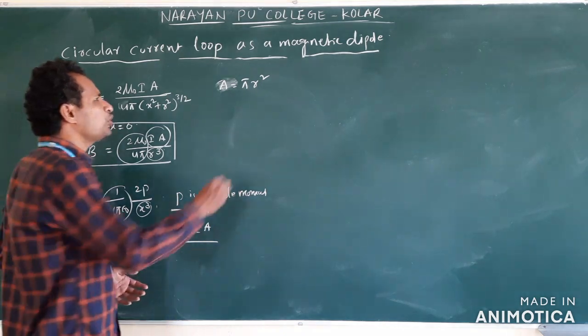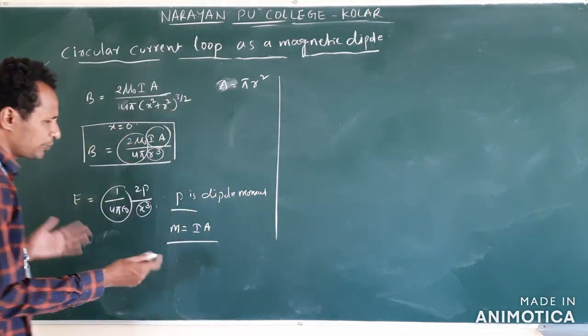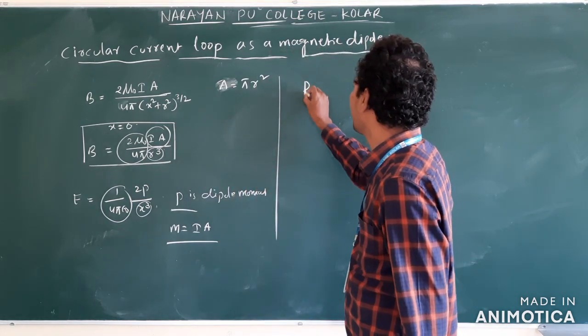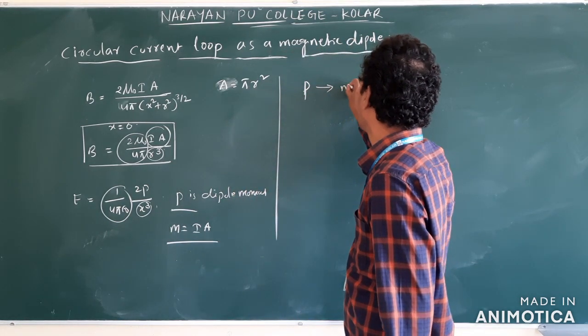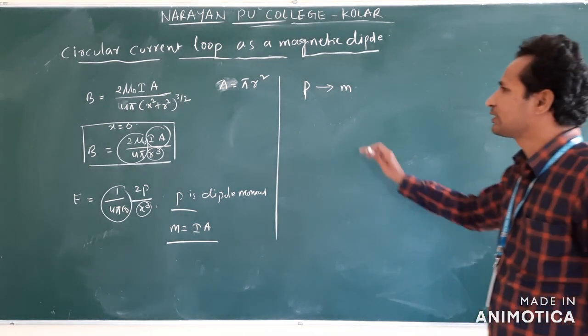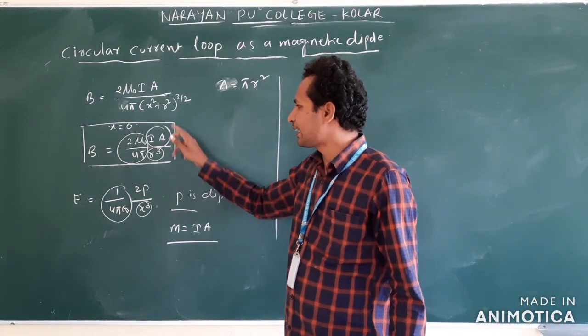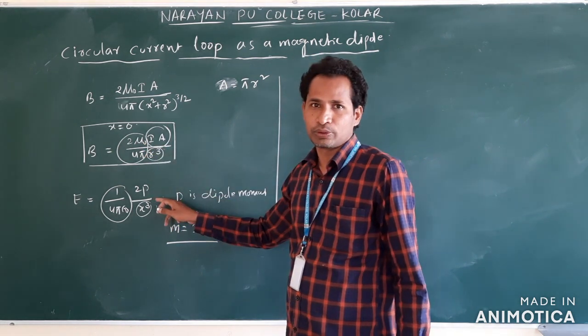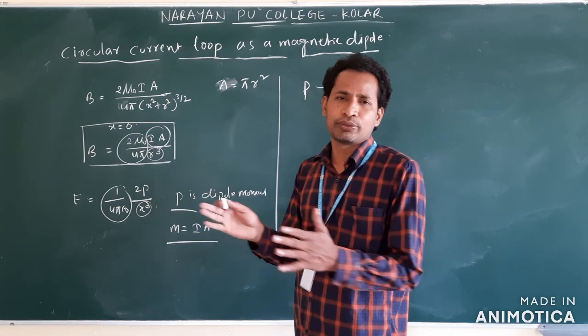Understand? So comparative study: there, electric dipole moment P; here, it leads to magnetic dipole moment. Clear? See the field formula on the axis, at the center for a short dipole. These are comparatively equal.